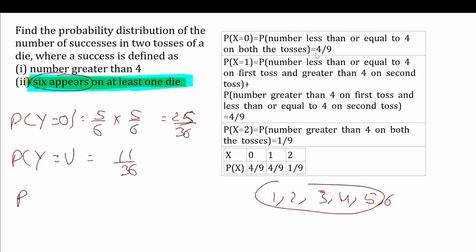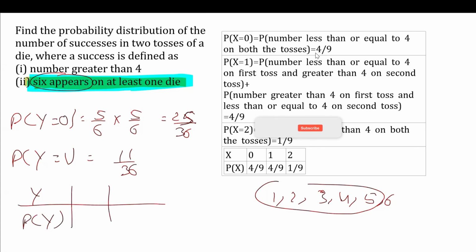So the required distribution table is, this time it is Y, so I should write Y and then P(Y), making a table. These are the two cases, Y = 0 and Y = 1. This is 25 over 36, and this is the case of 11 over 36. So that's how we will do this question.